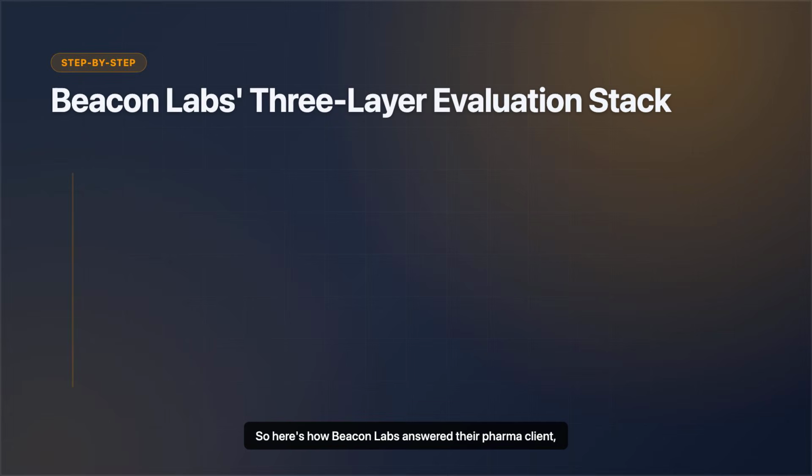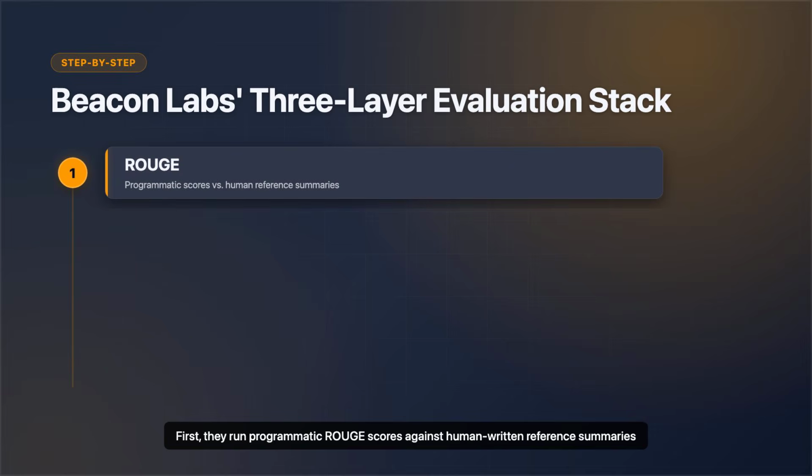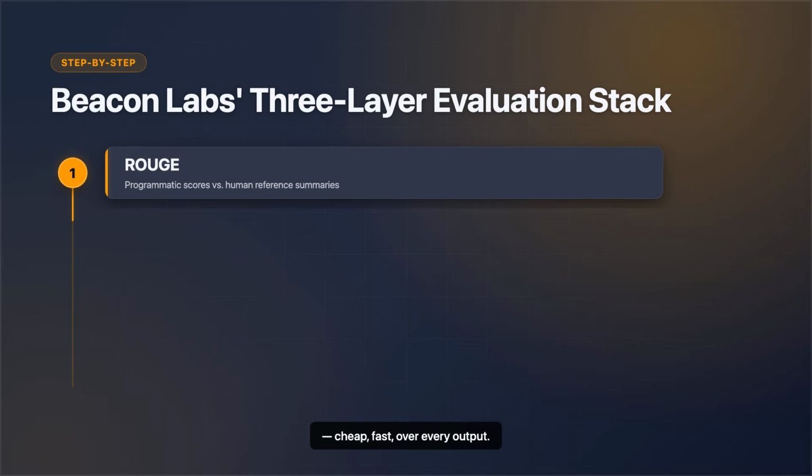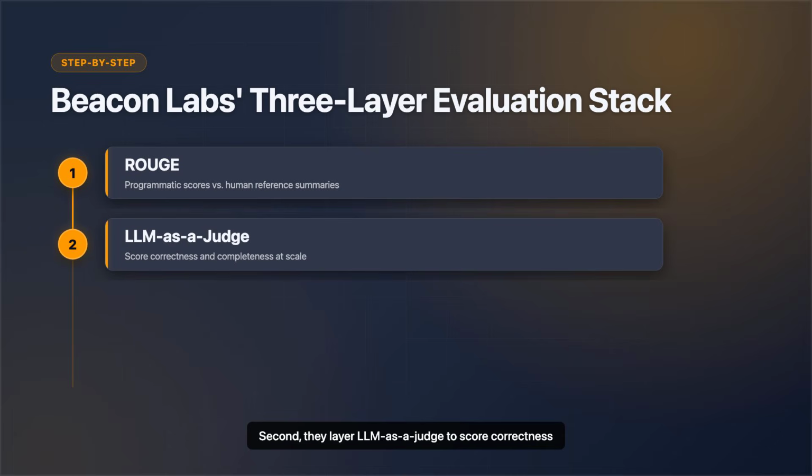So here's how Beacon Labs answered their pharma client, and it's a stack, not a single metric. First, they run programmatic ROUGE scores against human written reference summaries, cheap, fast, over every output. Second, they layer LLM-as-a-Judge to score correctness and completeness at scale, catching the meaning level problems ROUGE misses.